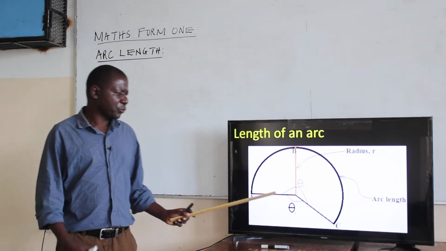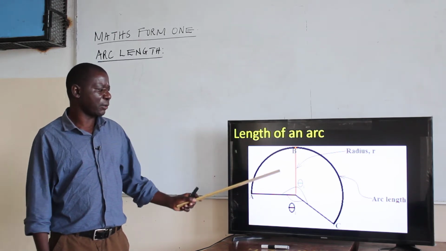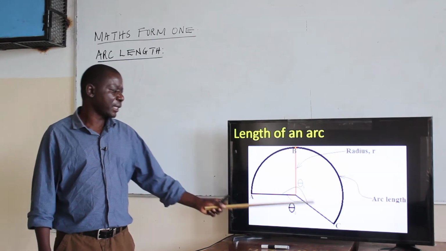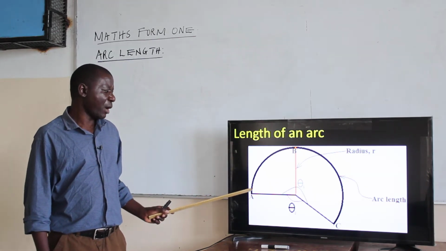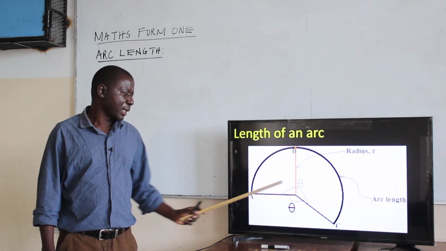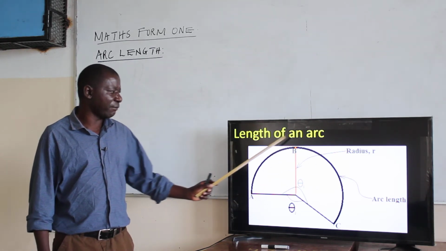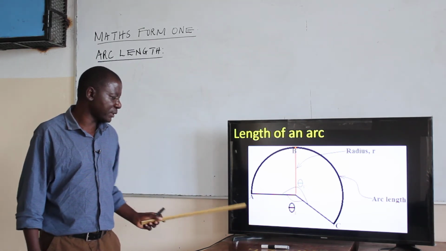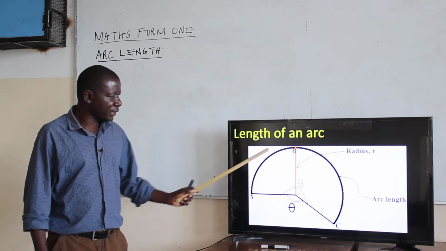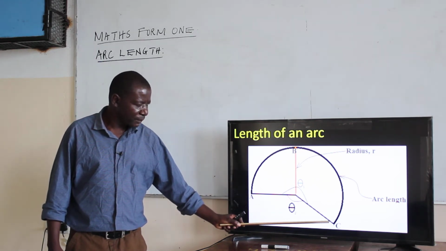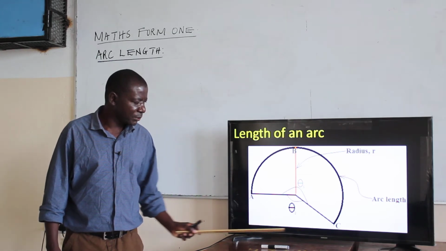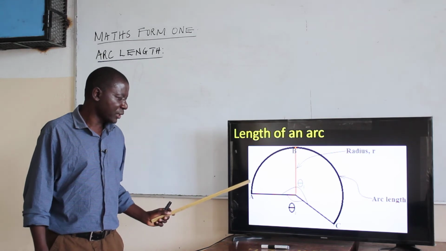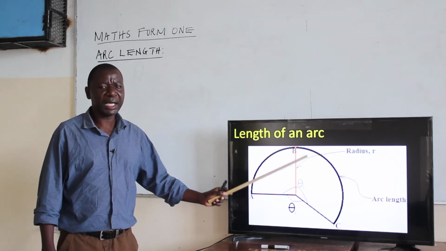The section of the circle that is presented here is bigger than the one which has been removed. In other words, the section of the circumference which is shown is bigger than the section that has been removed. We call this bigger section the major arc, and so it gives us the major arc length.